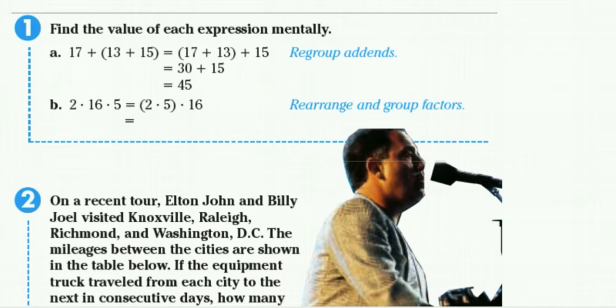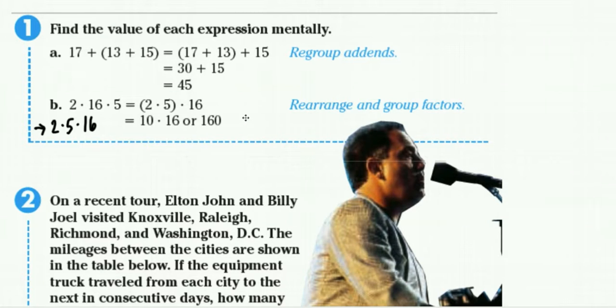This basically skipped a step. So the first step should have been 2 times 5 times 16, which is the commutative property of multiplication. And then we group 2 times 5, using the associative property, times 16. And then simplifying it further, 2 times 5 is 10, times 16 becomes 160.